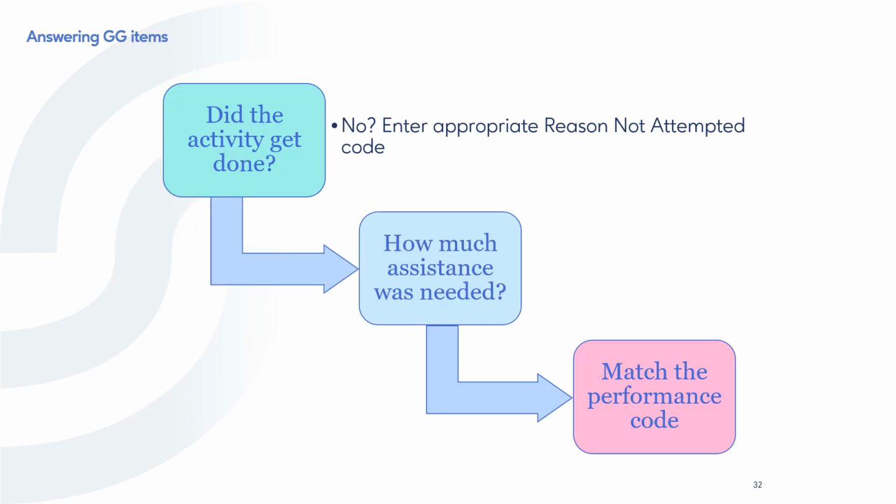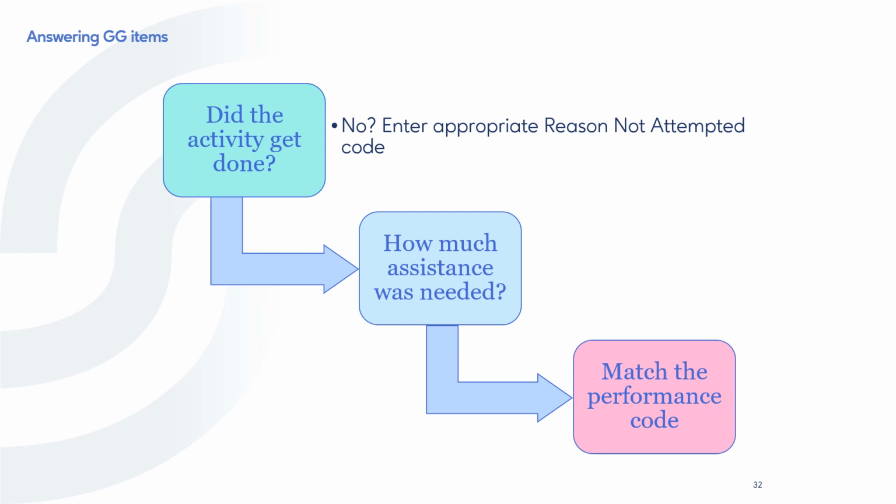Just a reminder, the process for answering GG items is basically the same. You really want that same process running through your head on all these items. First, the question is, did the activity get done? And if not, enter the appropriate reason not attempted code, whatever's going on. From there, if the activity got done, how much assistance was needed? And by assistance, I mean people.